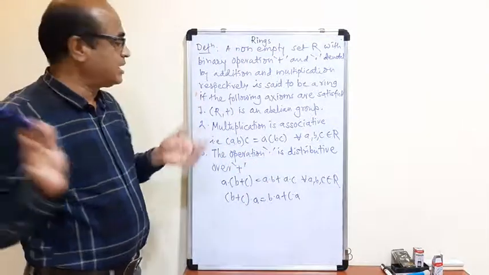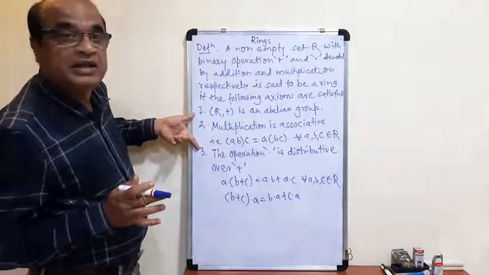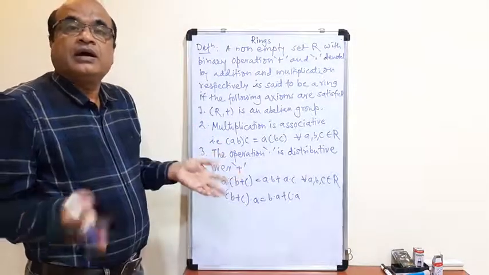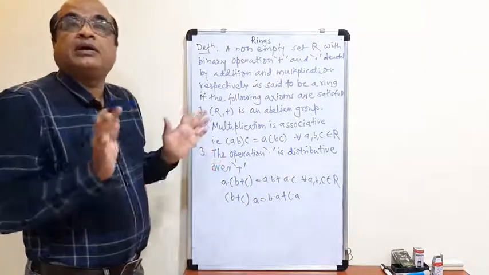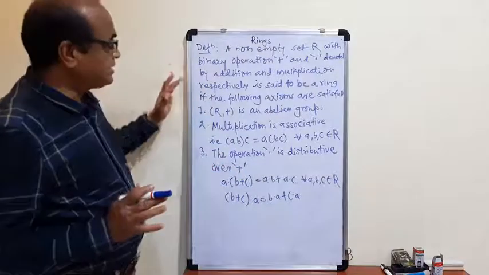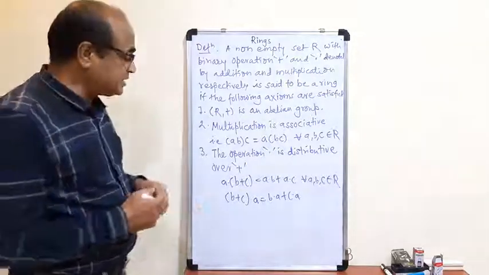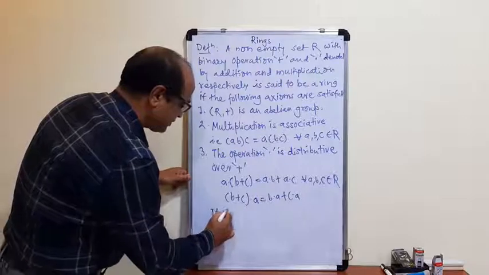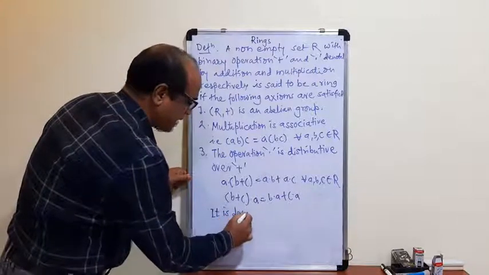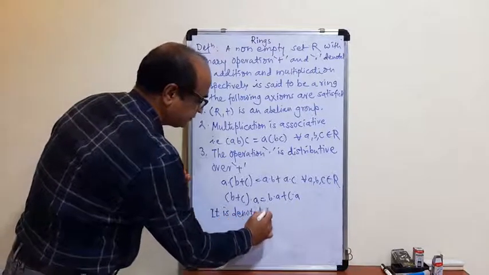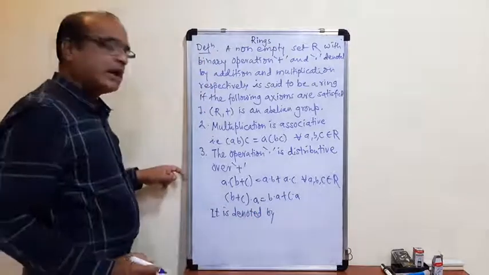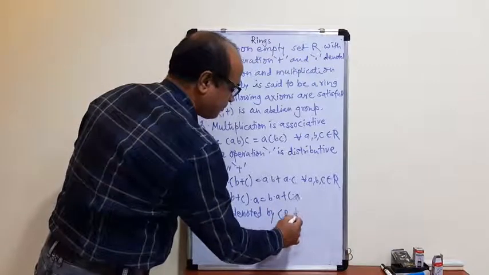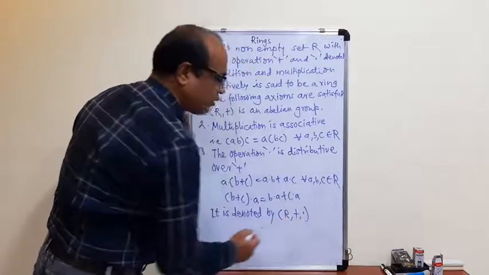Very simple definition: simply three extra conditions in addition to the definition of a group. The ring is denoted by R, plus, dot, where these are the binary operations.